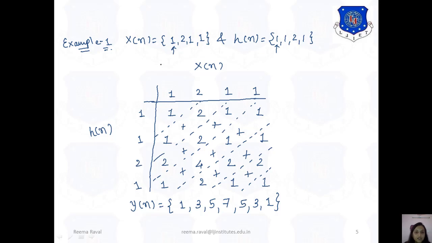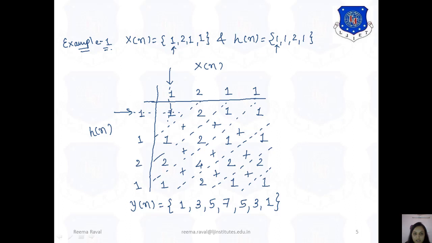Now we need to indicate the arrow. As you can see, x of n is at this position and h of n's initial position is this, right? So whenever you are making the arrow in the output system function using the tabulation method, you need to make the intersection of these two arrows. Where the intersection occurs, that will be the value where you need to point out the arrow in the answer, right?